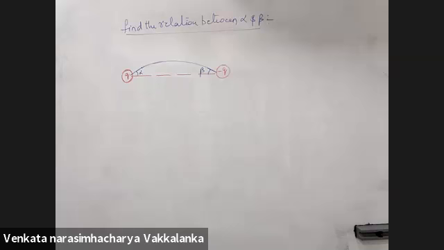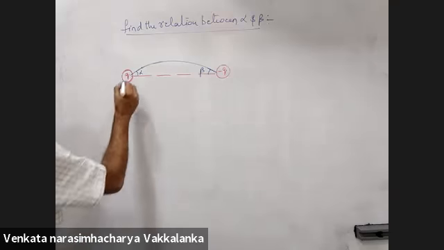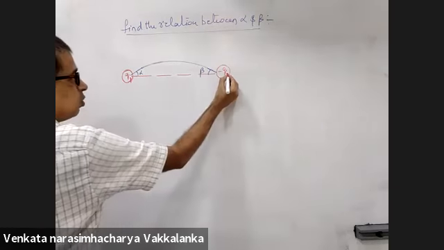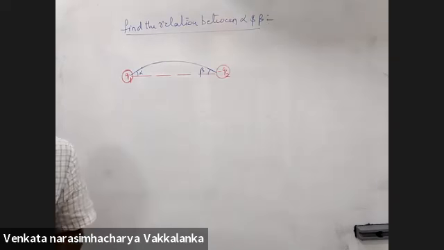Think for a minute, I'll explain. This problem is a typical problem of its own. There will not be another problem like this. Sorry, make one correction. This is Q1, this is Q2. Both are not the same.